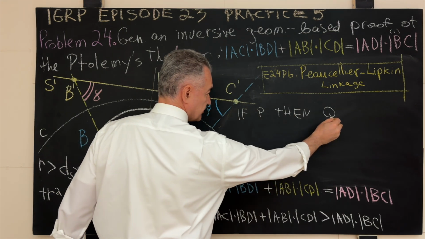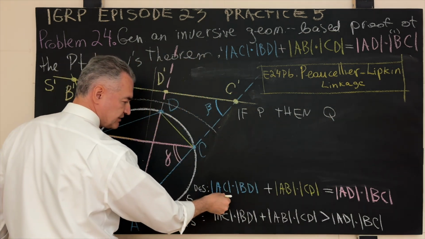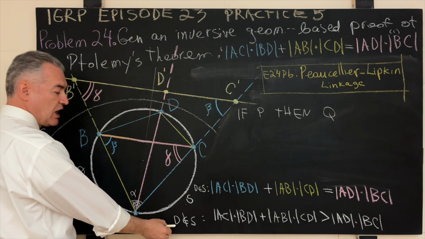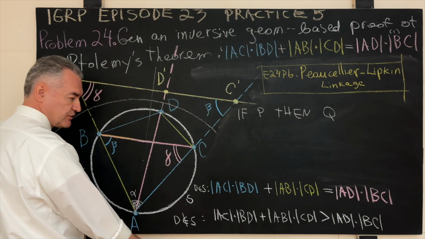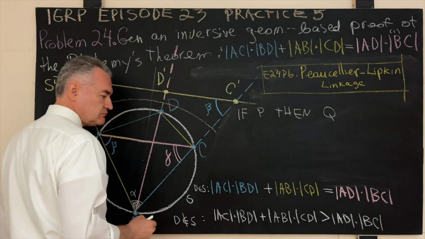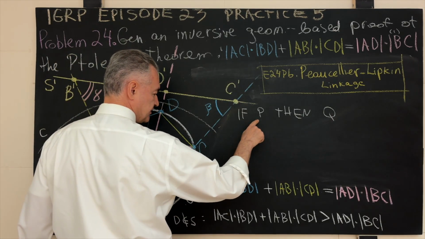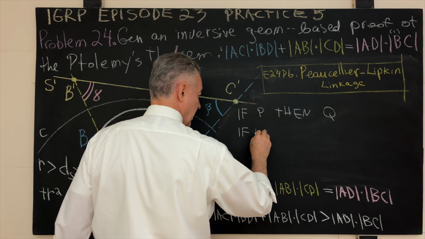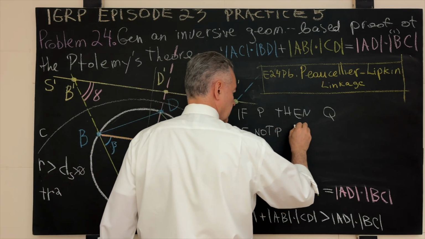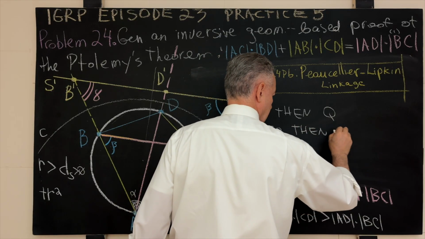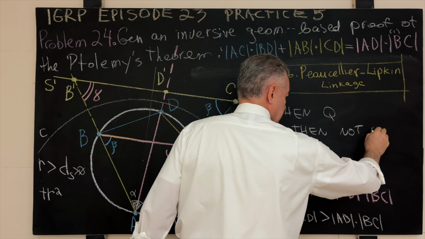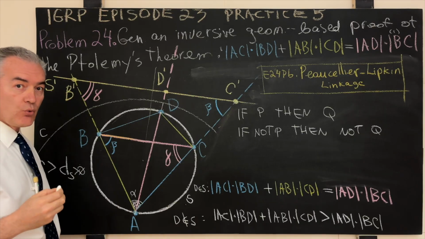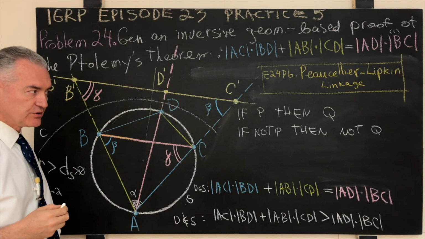And the consequent is Q, which means that this distance relation holds over here. We also proved that if the 4 points are not located on one and the same circle, then this distance relation holds, and this statement over here is actually the inverse of this one. In other words, we proved that if not P, then not Q. And any if X then Y proposition is logically equivalent to its contrapositive.